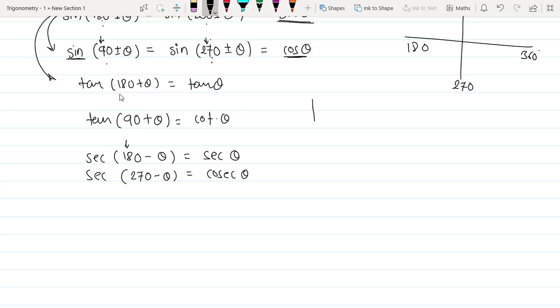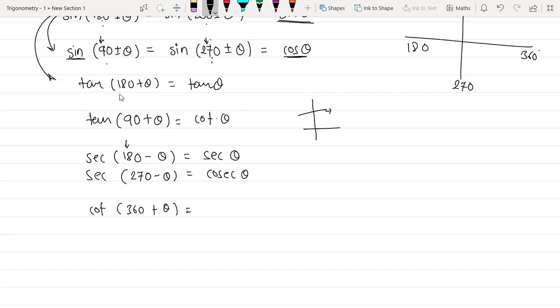Trust me, if you follow your textbook to remember the formulas, it is very difficult. You just remember this trick: if you have the even number, the trigonometric function remains the same; if you have the odd, it gets the opposite. Tell me what happens to this: cot of 360 minus theta.